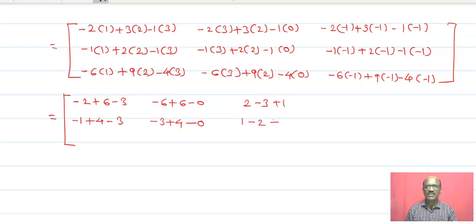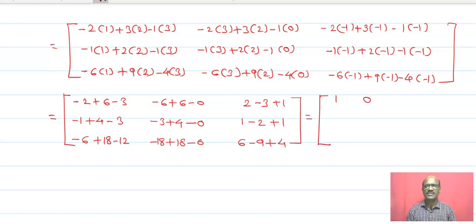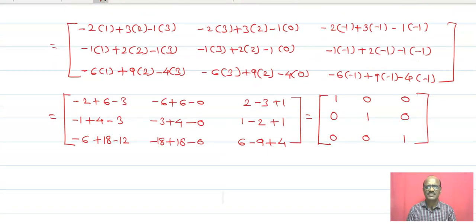Next is 1 minus 2 plus 1, minus 6 plus 18, minus 12, minus 18 plus 18, 0. 6 minus 9 plus 4, and then you will get 1 0 0, 0 1 0 and 0 0 1. That is equal to the identity matrix.